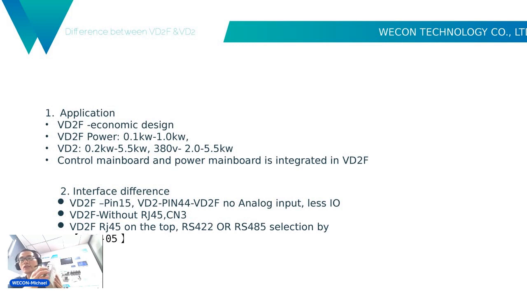If you set it to RS485, it can communicate by Modbus. Also, in VD2 we have CN3 and RJ45, RS485 and RS422 for PC software. Here VD2F has no RJ45.